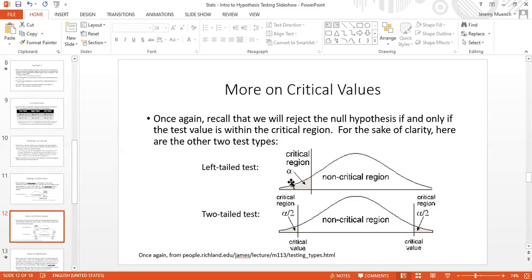So the lower alpha is, the more extreme values would have to be to reject the null hypothesis. And that means, frankly, the more decisive your result, the more reputable your result will be.